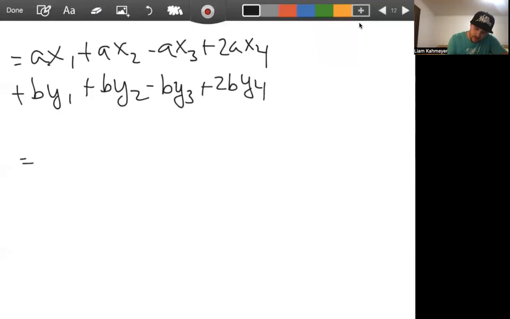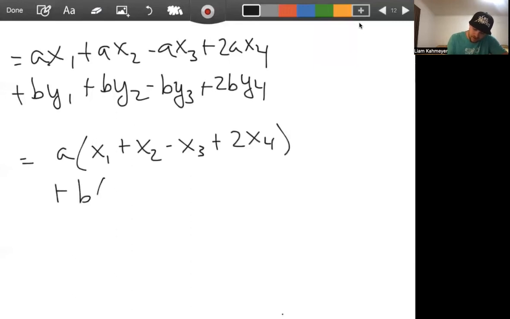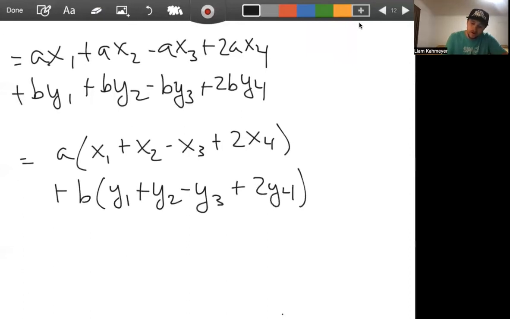Let's factor out the a from the first four terms. So that's a times (x1 plus x2 minus x3 plus 2x4), and then plus, we factor out a b, which is (y1 plus y2 minus y3 plus 2y4).